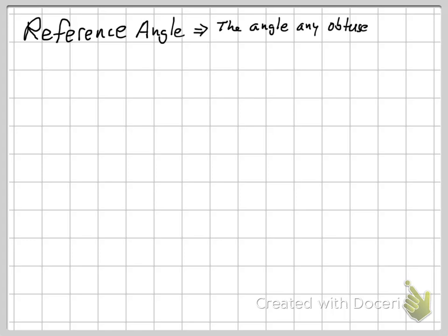This is kind of a formal definition of reference angle. For any obtuse angle, I want to measure the angle with either the positive x or the negative x axis. Not exactly finding the supplement.